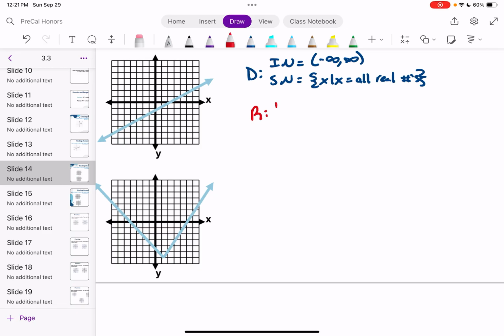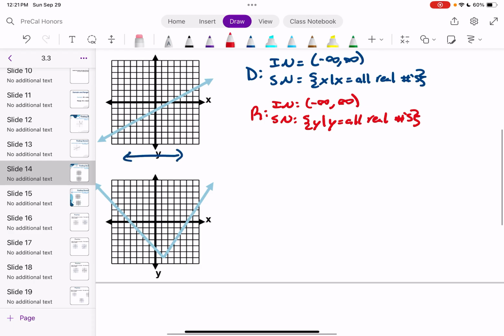Our range in interval notation would go from -infinity to +infinity, and our set notation would be y such that y is equal to all real numbers. This is mainly able to be done because, as we take a look at the domain, looking left to right, notice our domain extends from -infinity to +infinity, and our range goes from -infinity to +infinity as well.